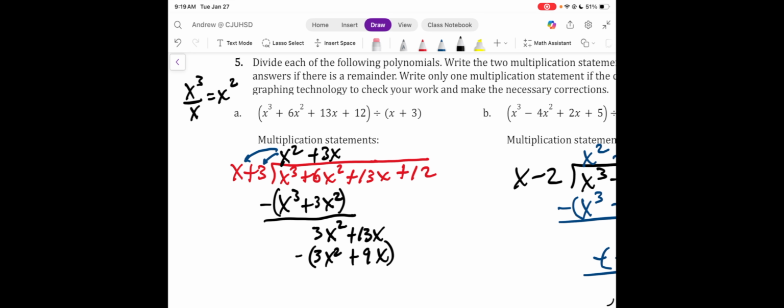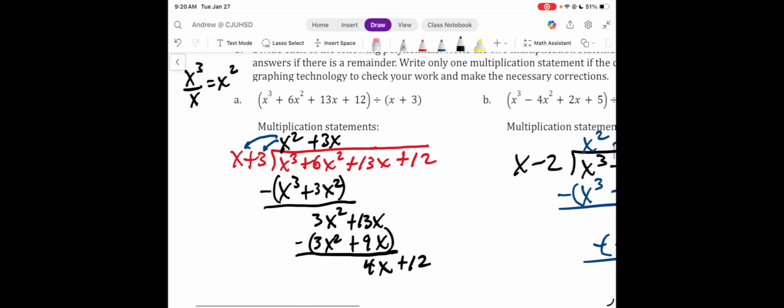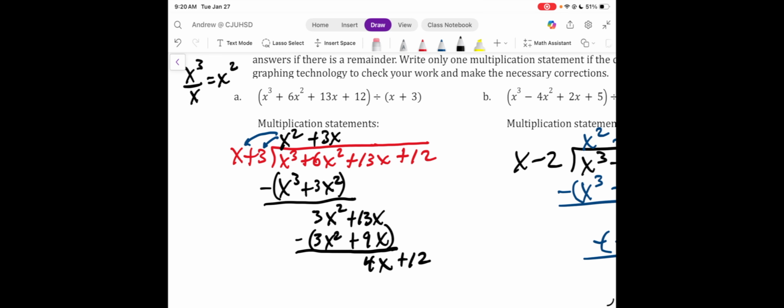Subtract. 13 minus 9 is 4x. Bring down the 12. Last time we're going to go through those three steps. So 4x divided by x is 4. 4x plus 12, 4 times 3 is giving us 12. 0 remainder.